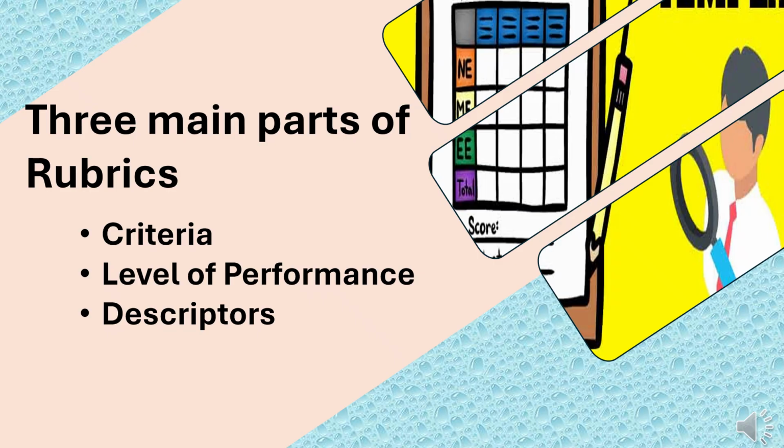The second one is the levels of performance. These describe how well the task was done, ranging from excellent to poor using a numerical scale. And the third one is the descriptors. These are clear explanations of what each level looks like.